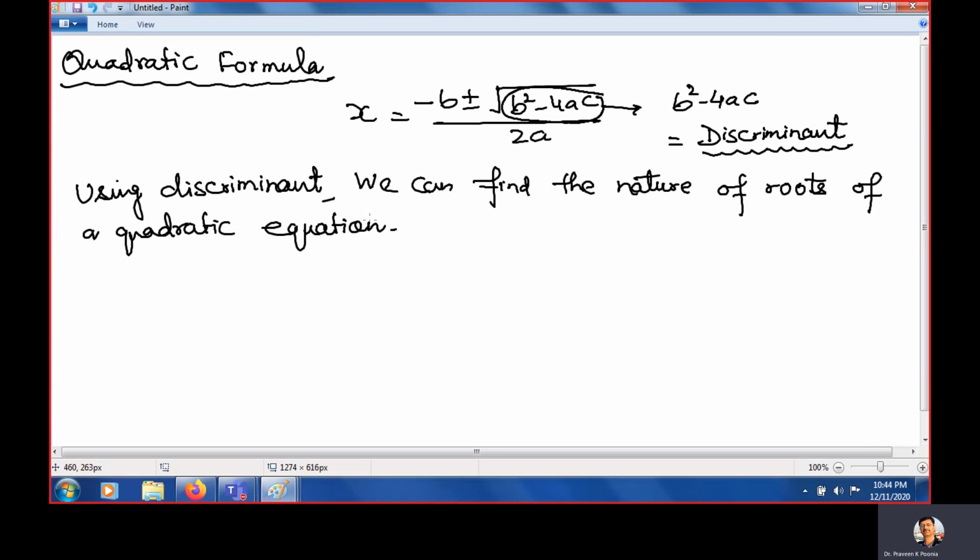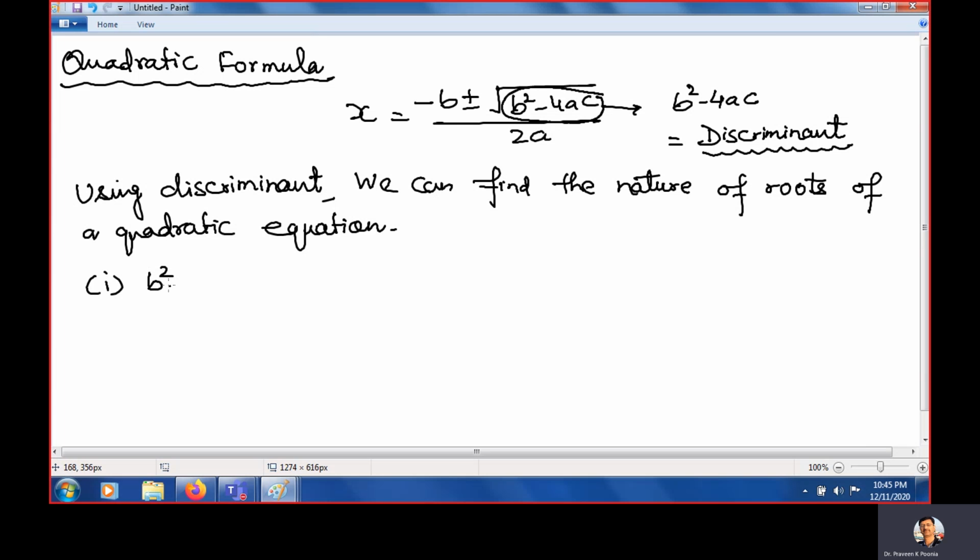Clear? Nature means whether the roots are real or complex or any other kind. So there are three things. First, a quadratic equation will be given. You will find the value of a, the value of b, the value of c.